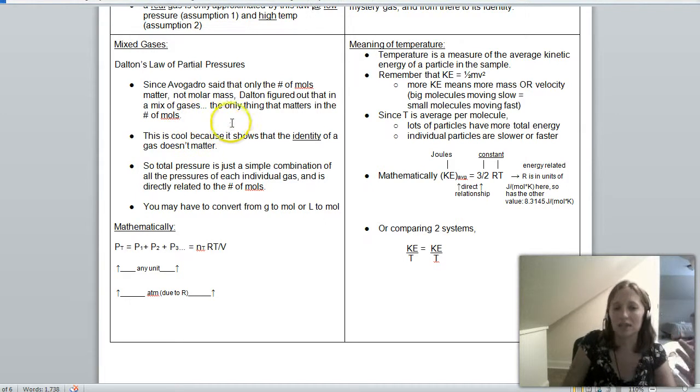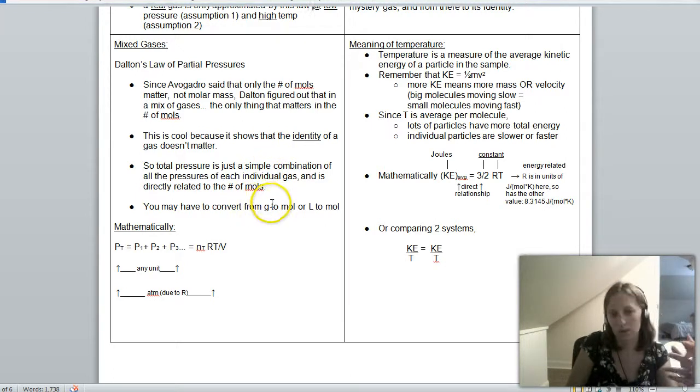That's cool because it means the identity of the gas doesn't matter when you're talking about the pressure contributed by a particular gas in a mix. So all you have to do is add up their pressures and you get the total pressure. Or if you know the total pressure, you can figure out that this gas is contributing 10% of 1 atmosphere, so it's contributing 0.1 atmospheres of pressure.